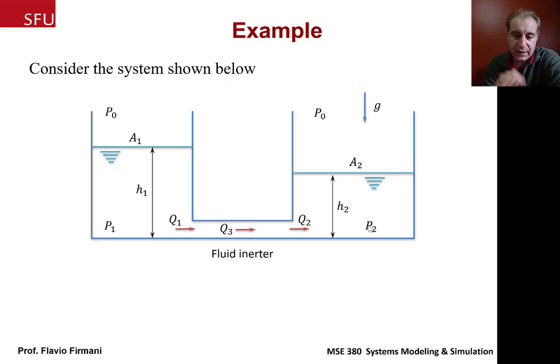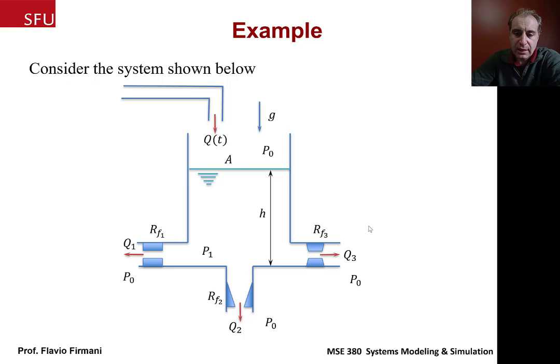We're going to do one example recorded, which is this one here, and then on Wednesday we're going to cover another example of an overhead tank that contains 3 outputs.